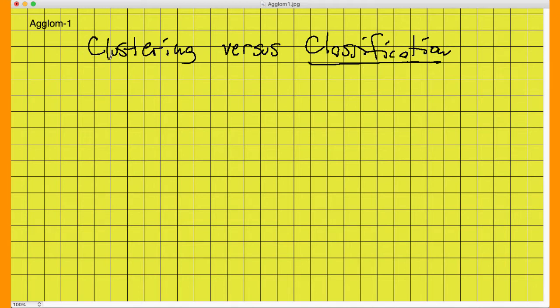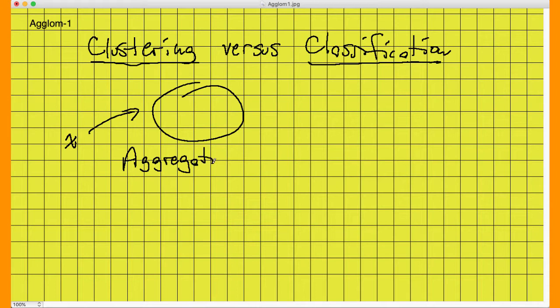It is true that both of these concepts have the idea that you have some member from your population, X, and you want to aggregate it into something. So there is some notion of aggregation here. The difference is that when we're talking about classification, the aggregates are labeled. They have names.